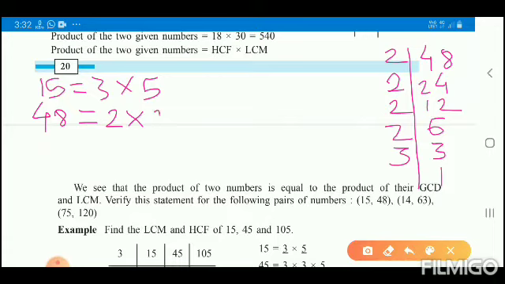So here 2 is how many times? 4 times, and 3 1 time.